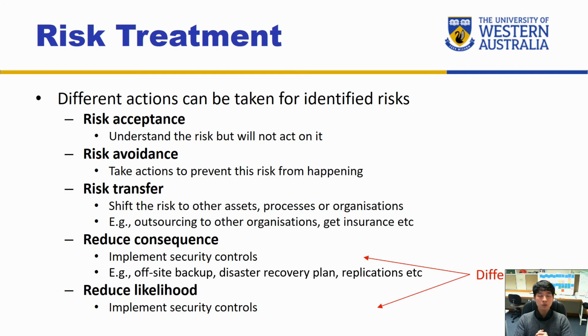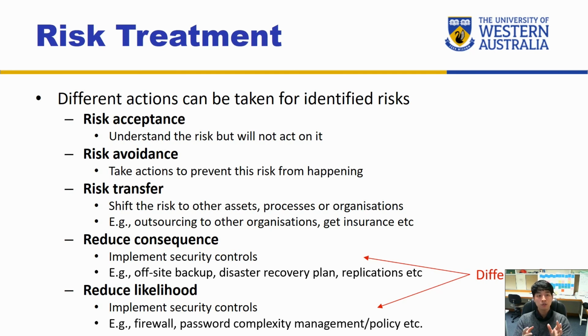So if we create an offsite backup, disaster recovery plans, replications, then even if the attack is realized, you can always bounce back to normal operation quickly. Whereas reducing the likelihood is trying to preempt the potential threats from happening. So this is like implementing security controls like firewalls, password complexity management, policies, etc.